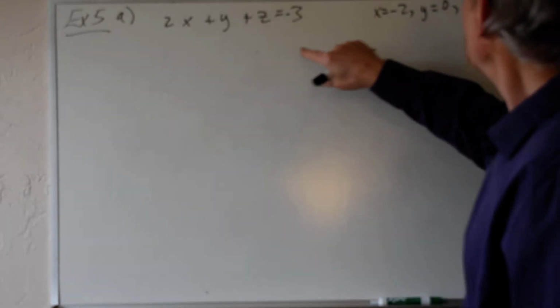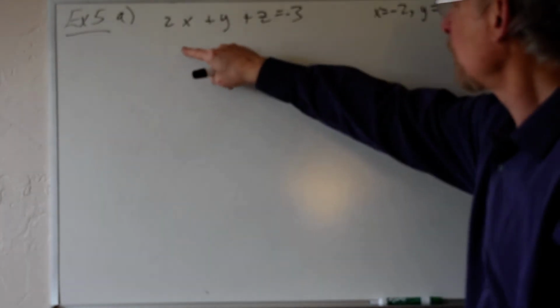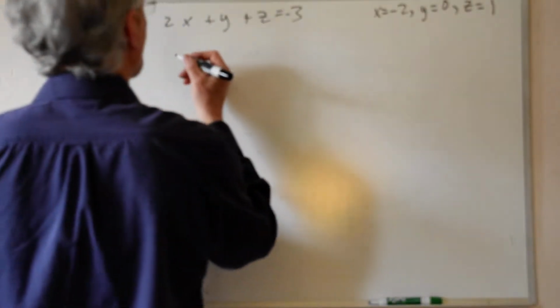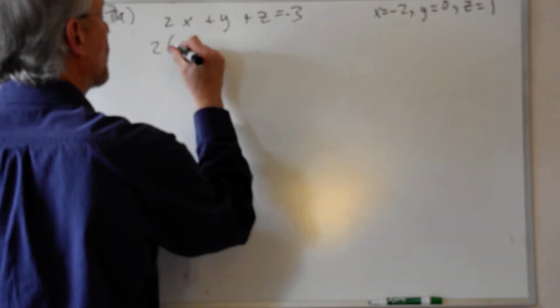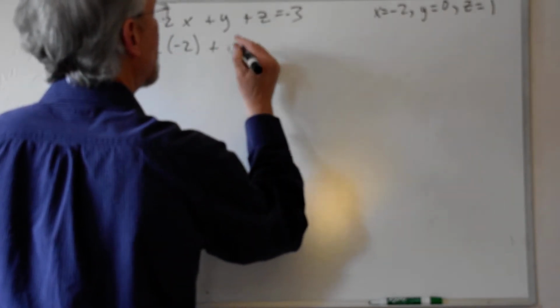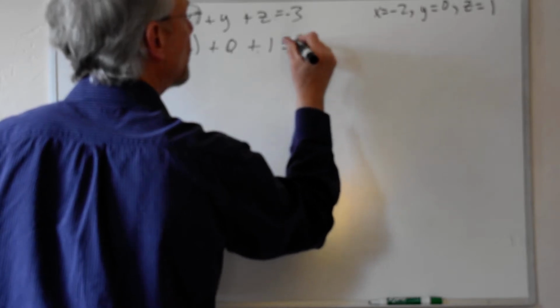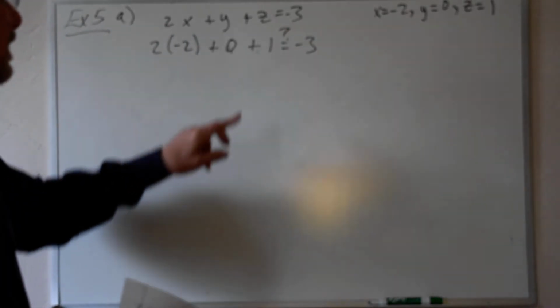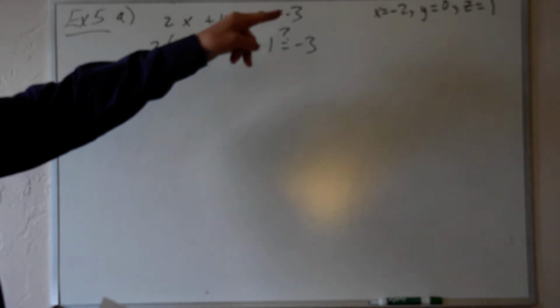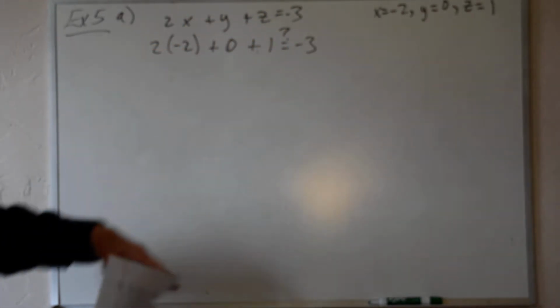Well, what we're going to do is substitute these values into each one of the 3 equations. I wrote down the first equation. Oops, y is 0, z is 1. There's my question mark. Is that combination of x, y, and z going to work in here?